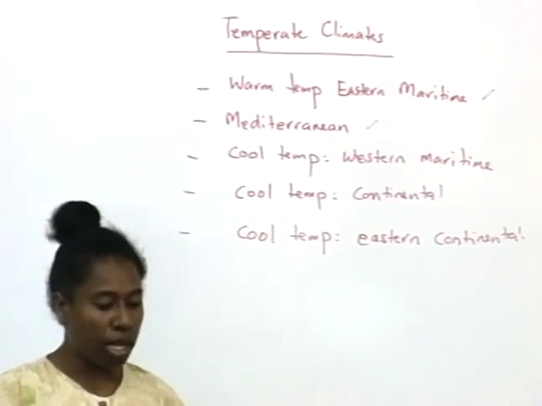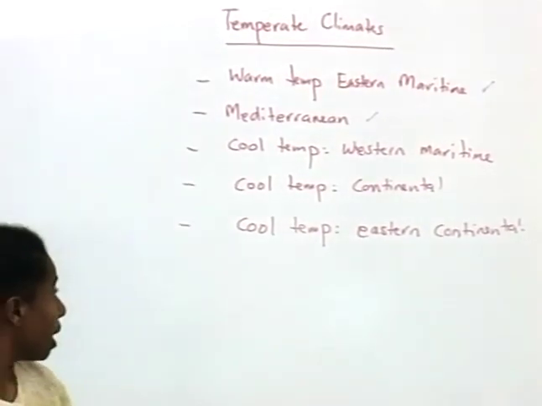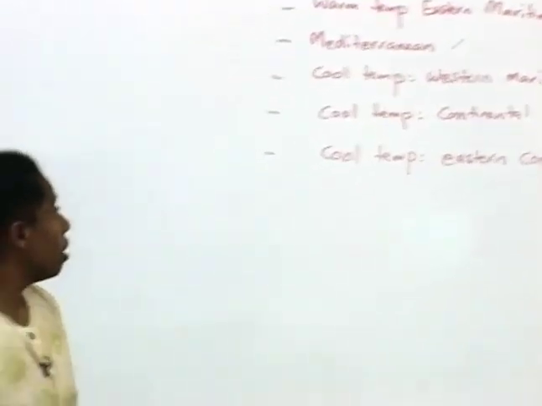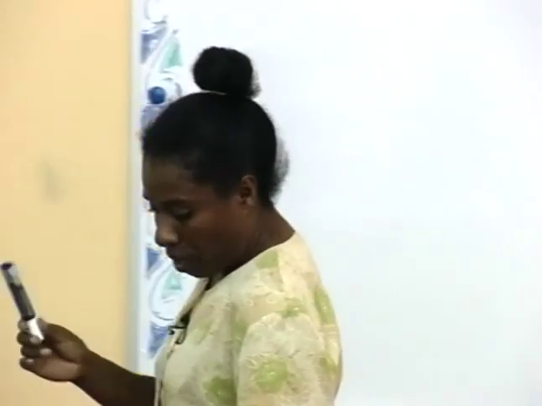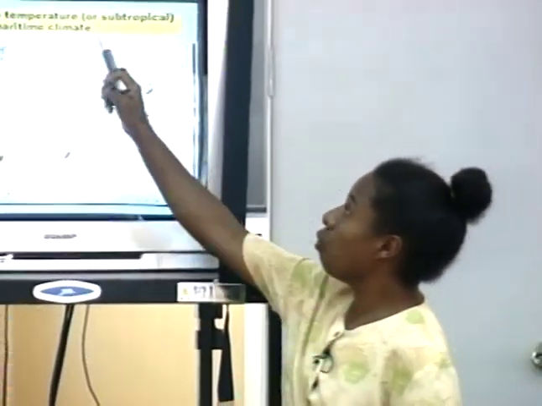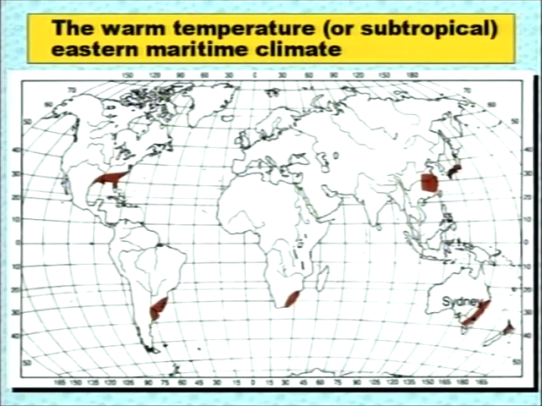So we move on now with the temperate climates, looking at the cool temperate western maritime climate. Looking at what we have covered so far, we have looked at the warm temperate eastern maritime climate. From our map on the monitor, you can see the selected areas that experience it. That's the first of the temperate climates.